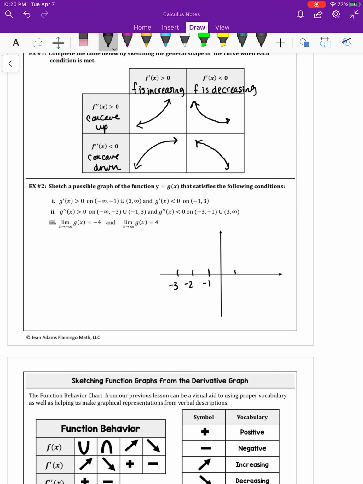Remember that g prime greater than 0 means that g is increasing. So the function you're trying to draw, g, is increasing from negative infinity to negative 1 and also from 3 to infinity. It is decreasing from negative 1 to 3.